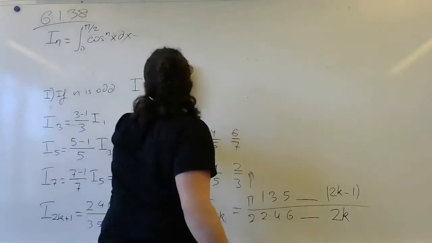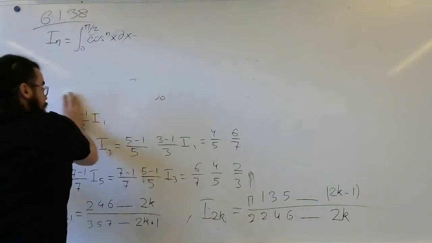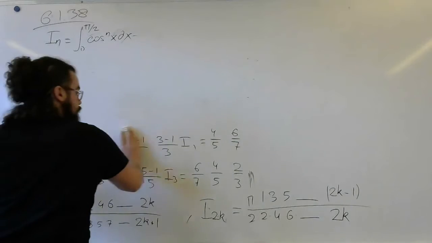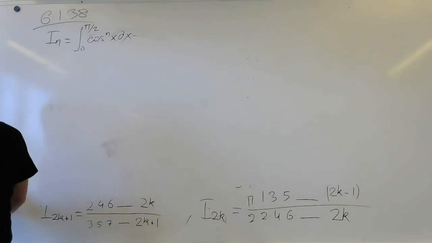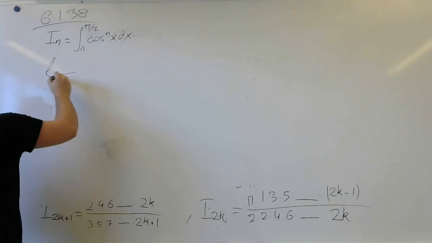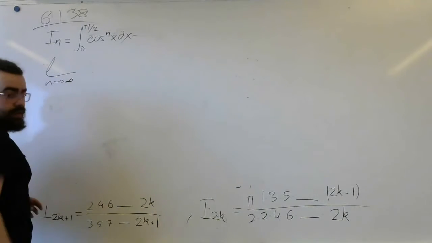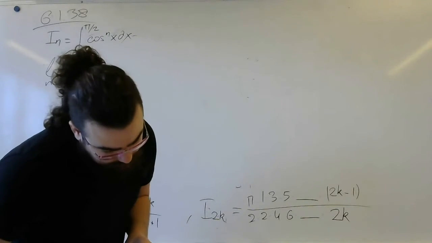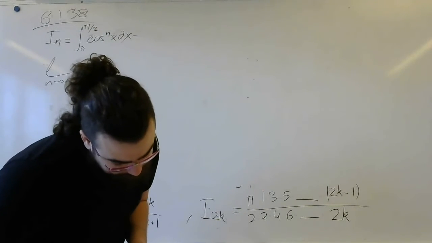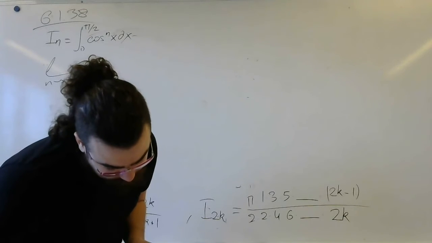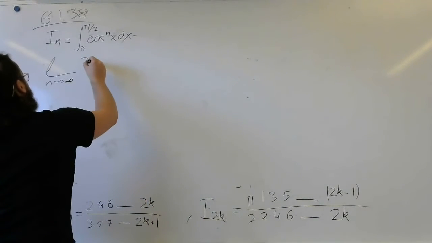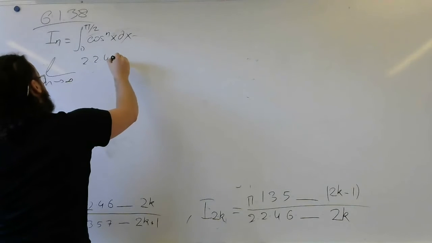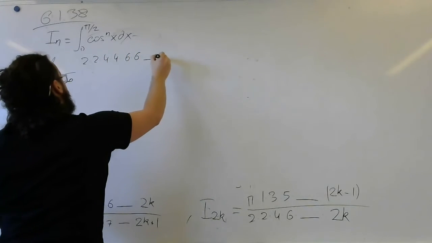Let's delete this for clarity. The limit when n tends to infinity of that thing: two times 2, 4 times 4, 6 times 6.